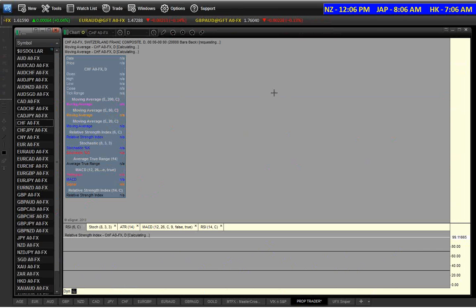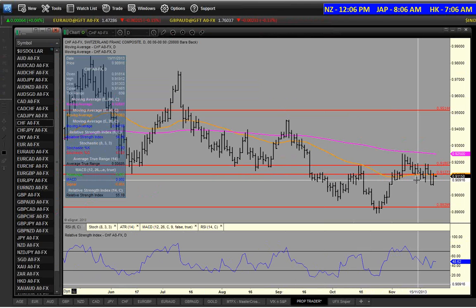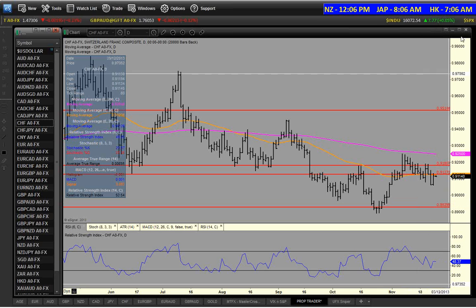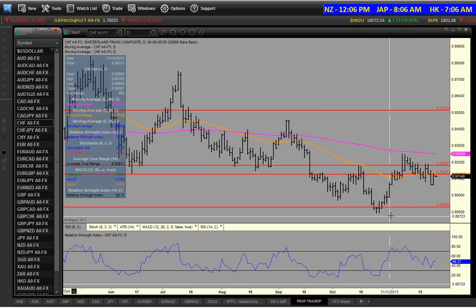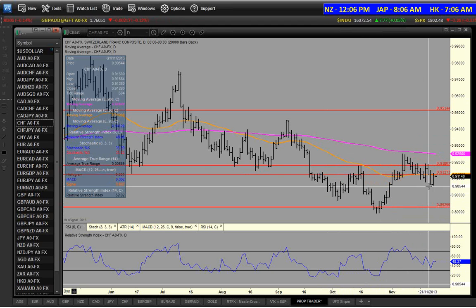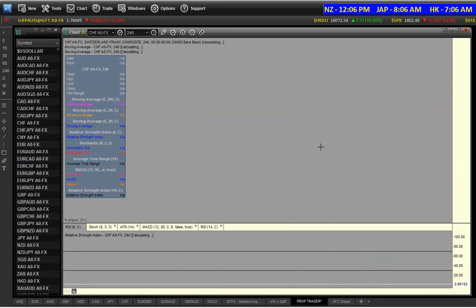Dollar Swiss. Slow deterioration. I do see this more as range bound though. We're just going from here because of this high. Broke this high, that's now getting higher highs. We were also getting lower lows. Some people shorted this, I'm not so certain about that.